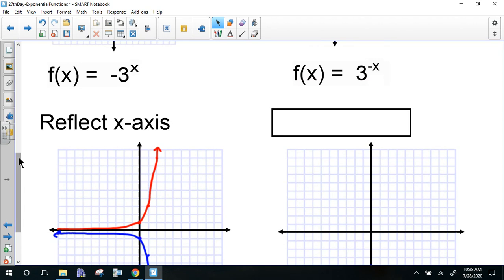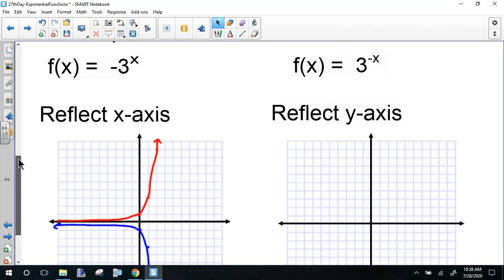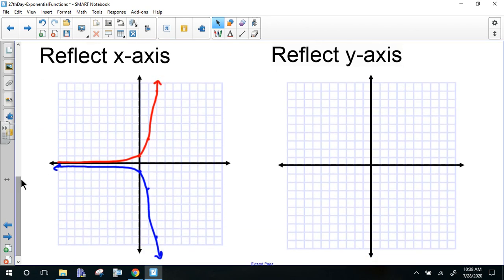If the negative is on the exponent, that reflects it over the y-axis. So let's reflect that over the y-axis. Draw my original. There is y equals 3 to the x.